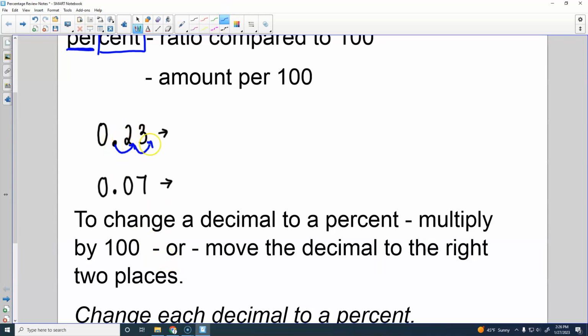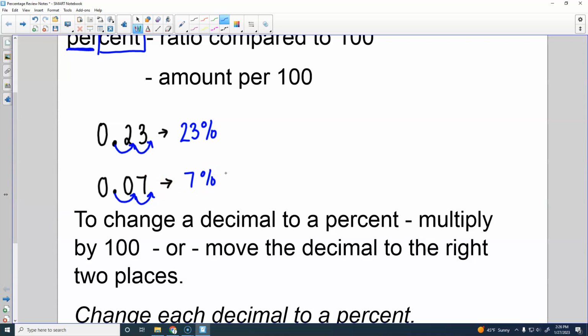So if I have 0.23, that would be 23%. If I want to change 0.07 to a percent, I would just move that decimal 2 places to the right, and you got 7%.